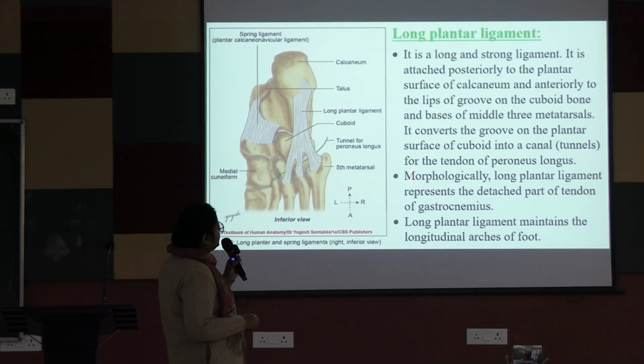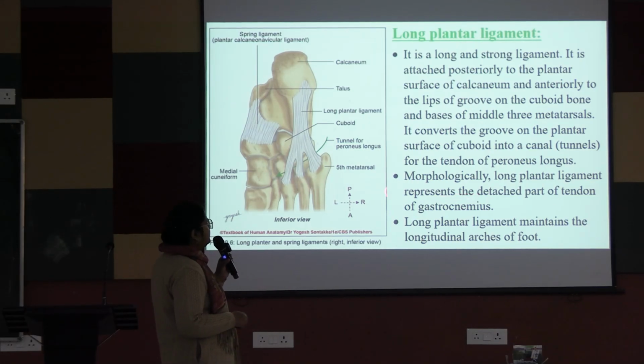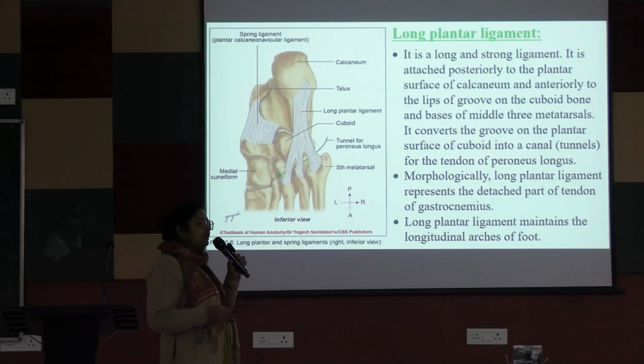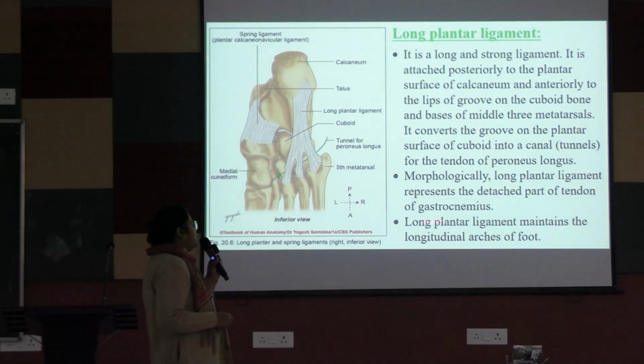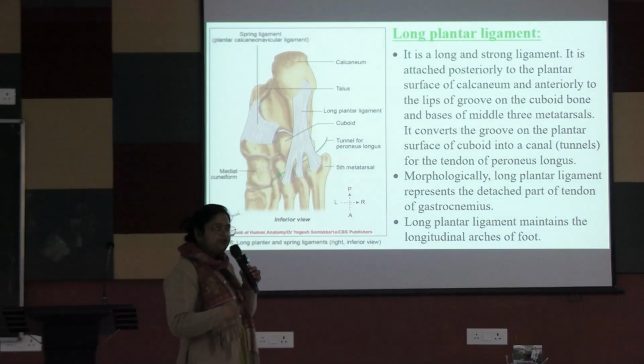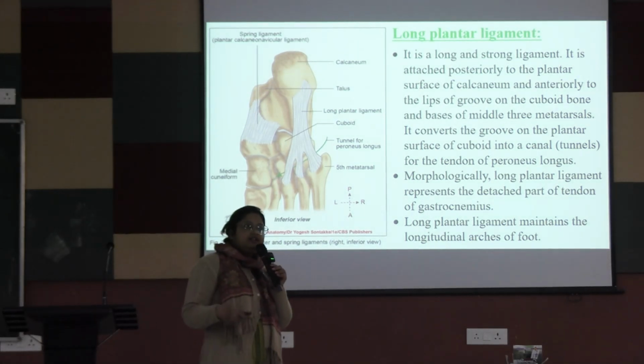Morphologically, the long plantar ligament represents the detached part of the tendon of the gastrocnemius. The gastrocnemius tendon is attached over here in the heel, in the posterior-most projecting part of the calcaneum. The long plantar ligament maintains the longitudinal arches of the foot, both the medial and lateral arch.